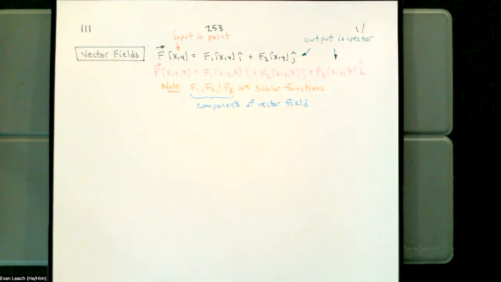And we will usually name them this way. I'll use capital letters for our vector fields with an arrow on top to make sure that we all know that we're talking about a vector field. And then I'll use an indexed version of that name for the component functions.